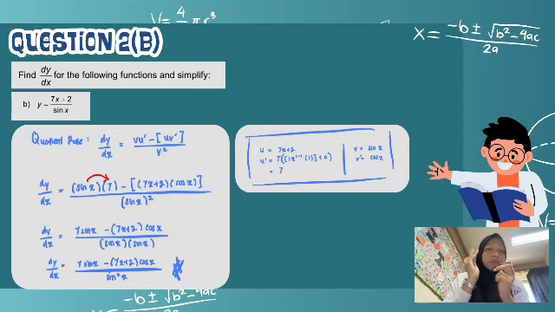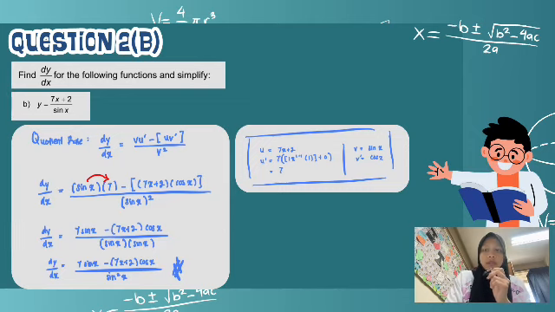So the next step, I will substitute all the values into the quotient rule formula, which is dy over dx equal to sin x bracket 7 minus bracket 7x plus 2 bracket cos x over sin squared x. Then I will simplify the expression by multiplying.